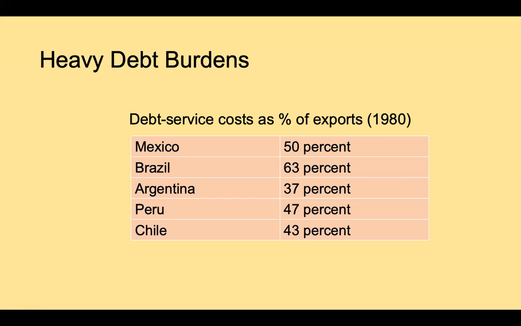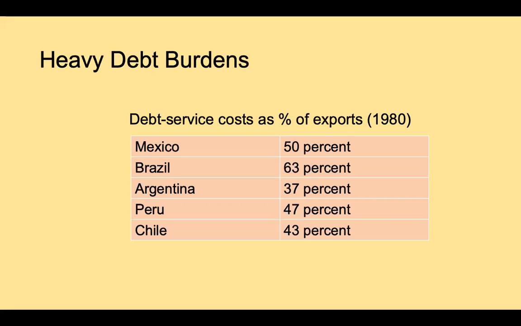So by 1980, the biggest Latin American countries had debt service costs as a percentage of exports that were absolutely astronomical. Mexico, for example, 50% of the value of its exports was equivalent to its debt service costs. That is just the cost of financing and paying down the existing debt.